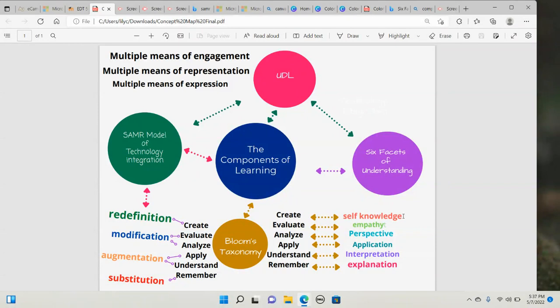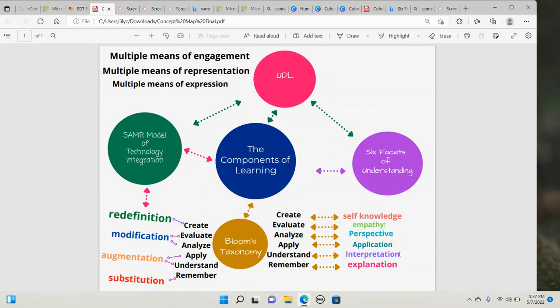They may have self-knowledge of what prejudices I'm bringing to a topic, or what prejudice the topic has, take the perspective of a person, and interpret that, offering translations. That would show me that a student had true understanding.